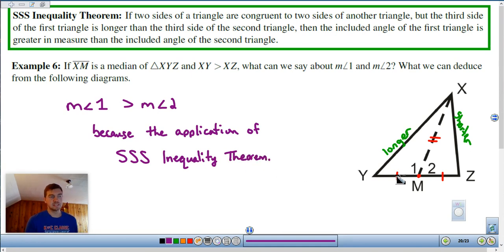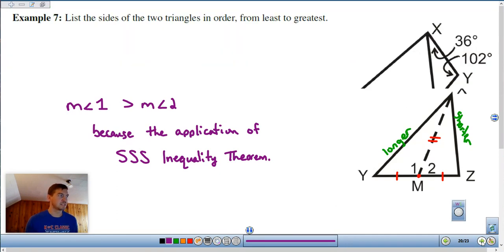Okay, so what we're saying is two of the S's are the same, but the third S is unequal. That's where the inequality part comes. And therefore the angle that is across from that, one angle has to be smaller than the other one. And because this one's longer, this one's larger. This one's shorter, so this one's smaller. That is the SSS inequality theorem.